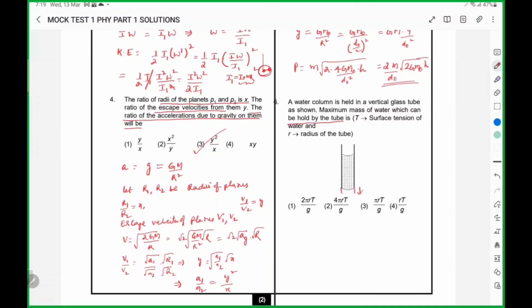But still it stays like that in the capillary tube, which means the weight of the liquid column is balanced by force due to surface tension.